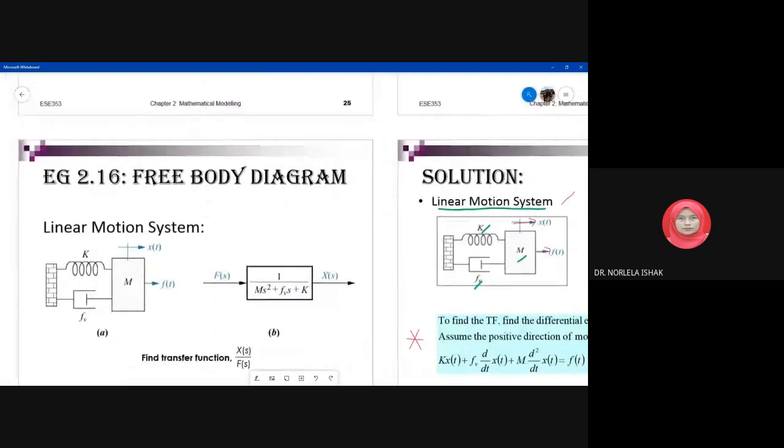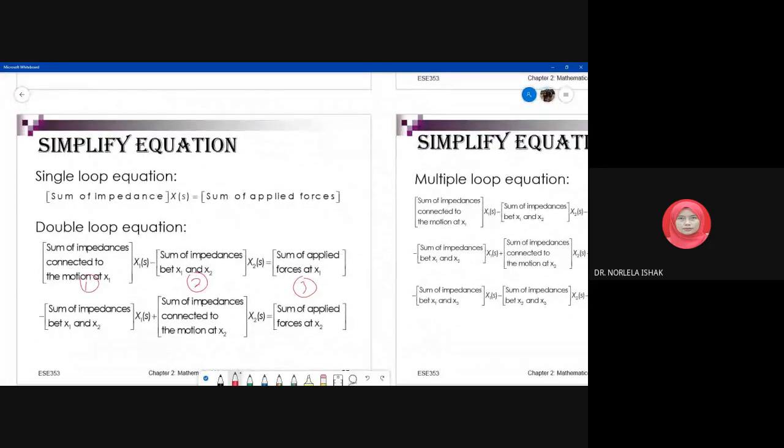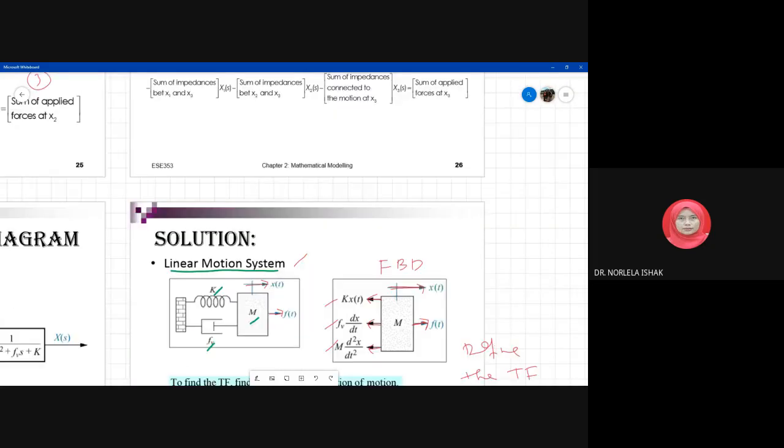You remember just now I gave you the single loop equation. How to define the single loop equation? Sum of impedance multiplied with the translational motion, equal to sum of applied force, meaning our force is F, from this circuit.